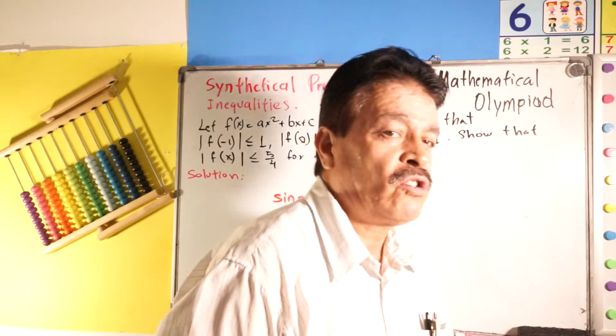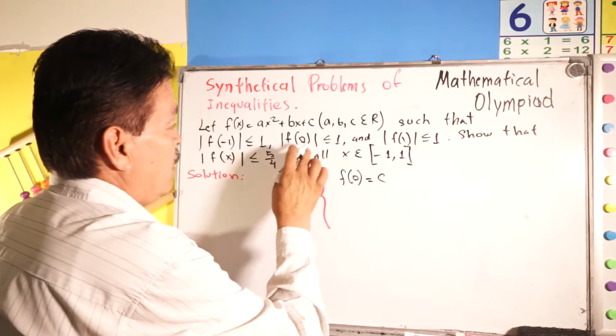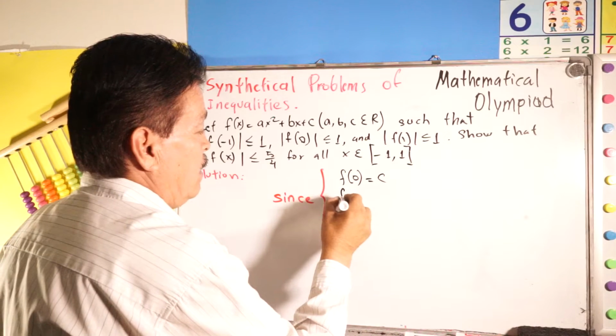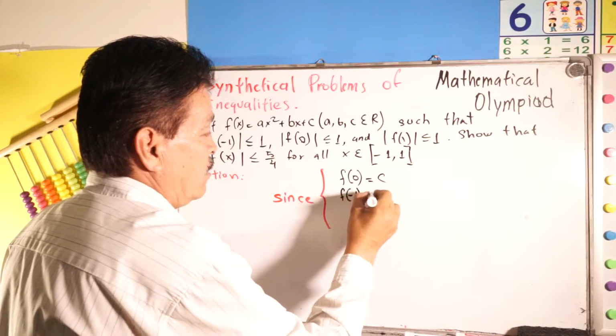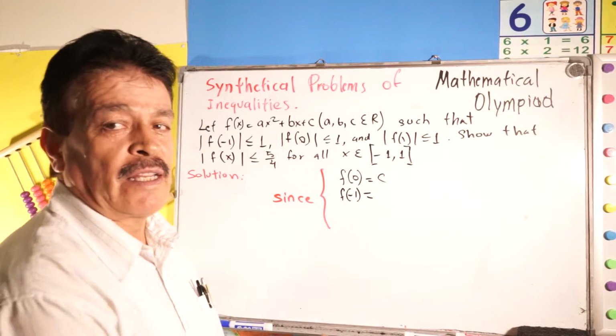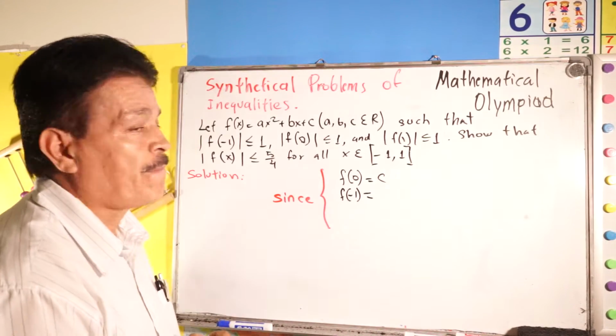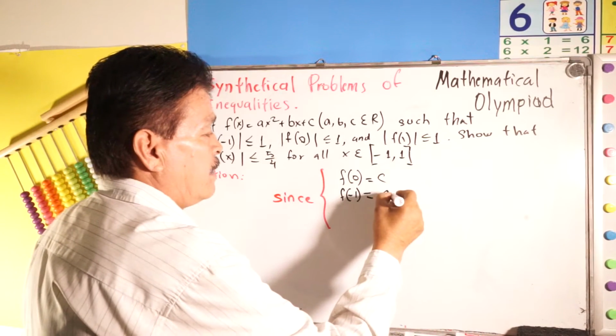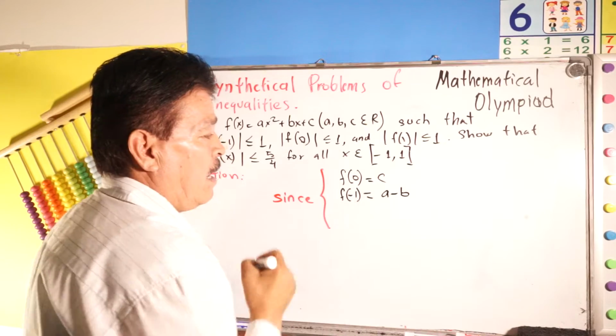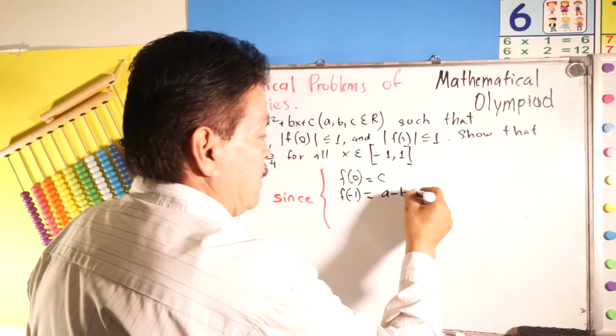Also, we have f(-1) equals a minus b plus c.